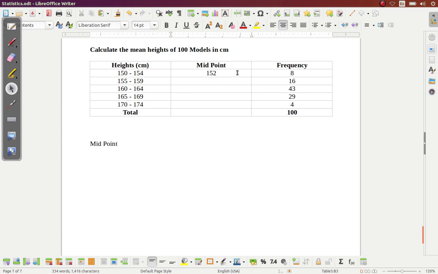If we go now to 155, 156, 157, 158, 159, there are 5 whole number values from 155 to 159.